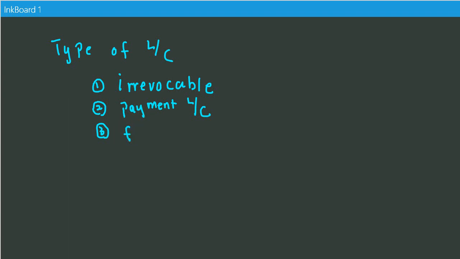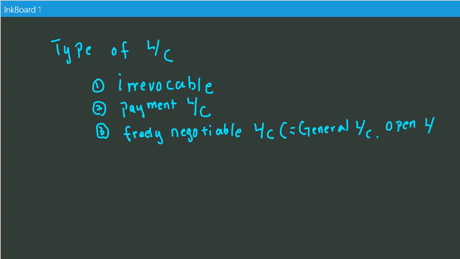Freely negotiable LC, another word, general LC, open LC. Same meaning, right? And also, number four is deferred payment LC.